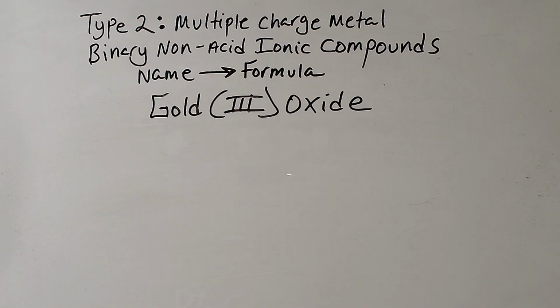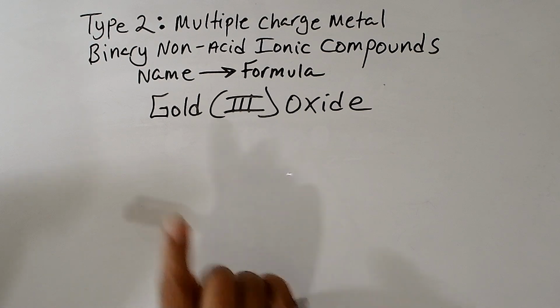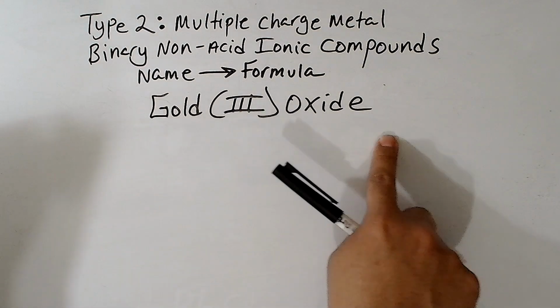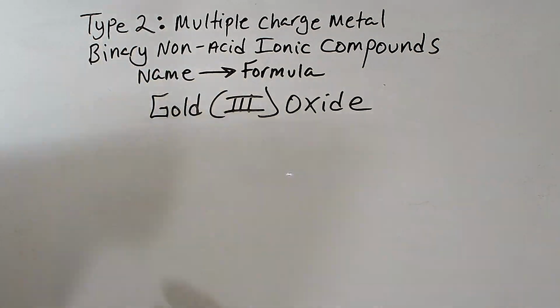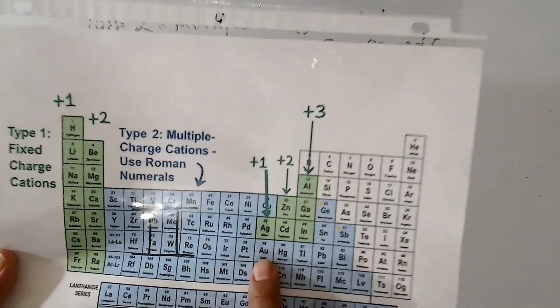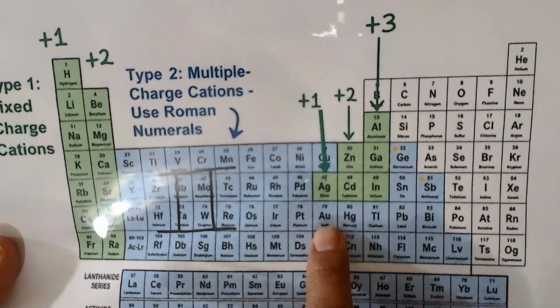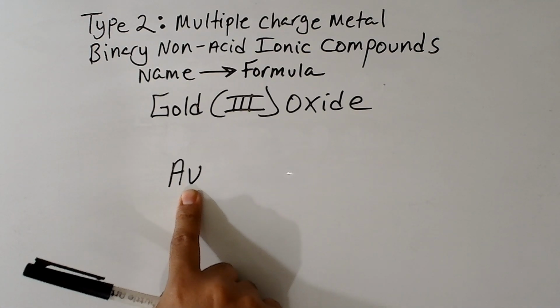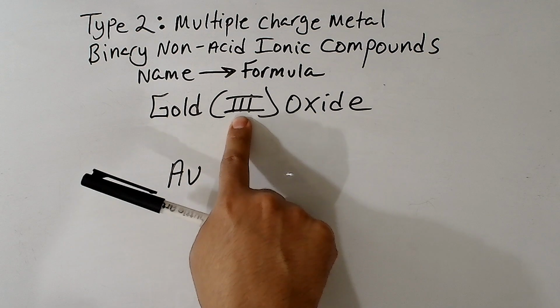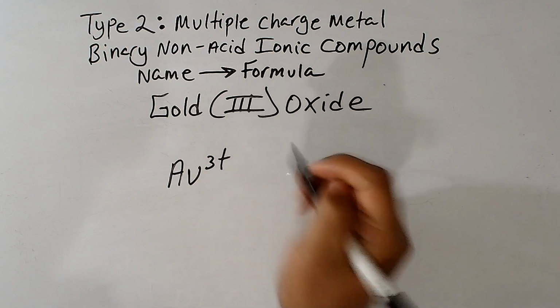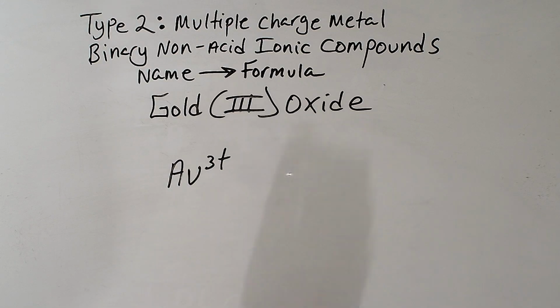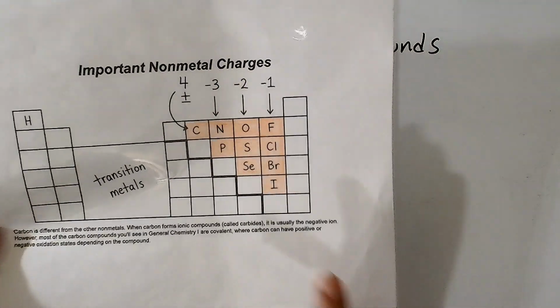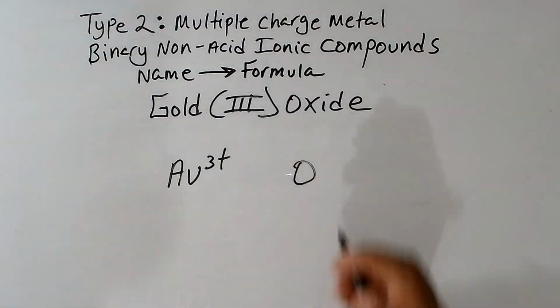Okay, so now we're looking at gold(III) oxide, and I know this compound is a type 2 because the cation falls within the blue region, Au. And I know the charge for my cation is going to be a 3 plus. And I know I have oxygen, and oxygen is in column 16. It has a -2 charge.